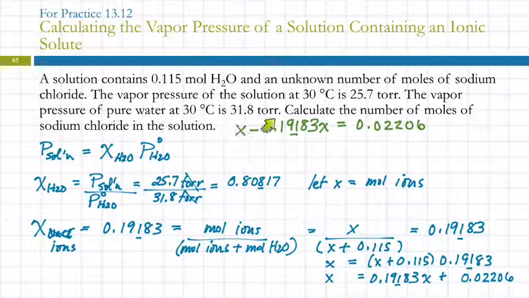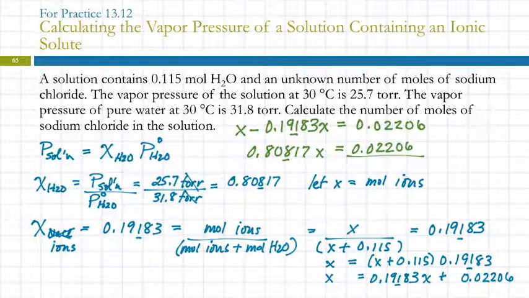So this 1 minus this comes out to be 0.80817 times x is equal to 0.02206. Divide both sides.